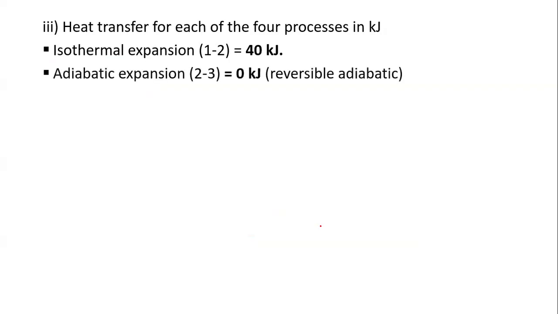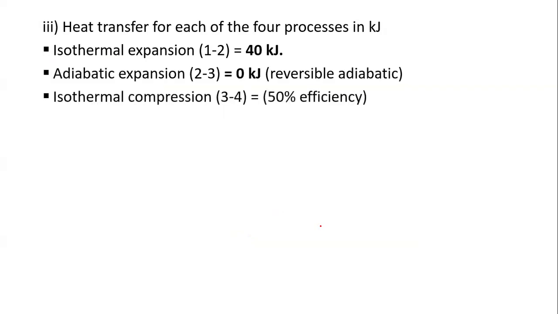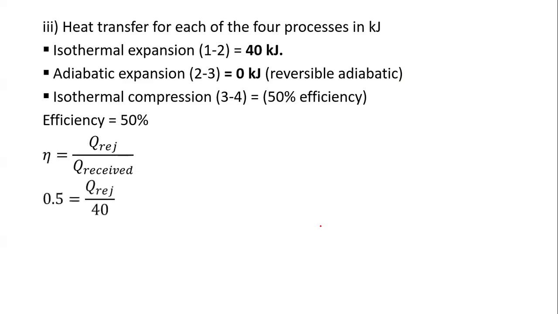Heat transferred for each of the processes. For isothermal, we're already given 40 kilojoules. Adiabatic, you don't transfer any heat. The other isothermal, we're told the efficiency is 50%. So what is 50% of 40? We just say heat rejected over heat received, and there our efficiency is 0.5, meaning you end up with 20 kilojoules.